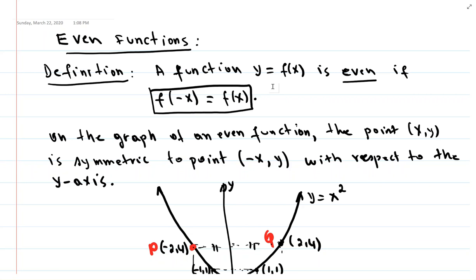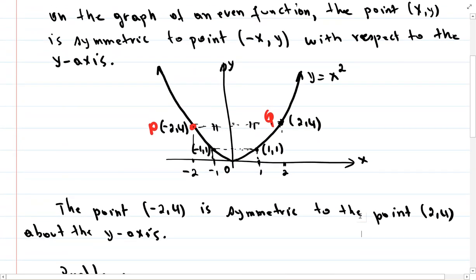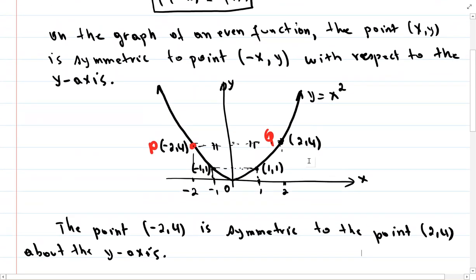So what it means is that if you look at point 2 comma 4, then this point 2 comma 4 is symmetric with respect to the y-axis to the point negative 2 comma 4.